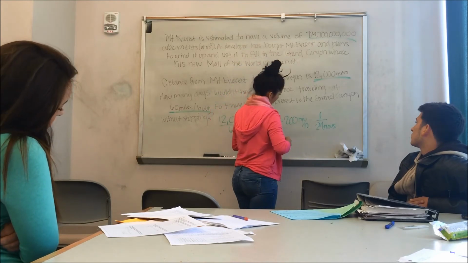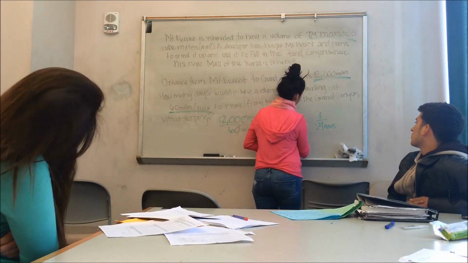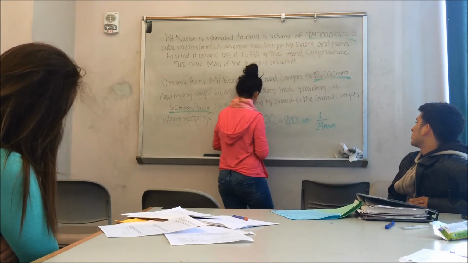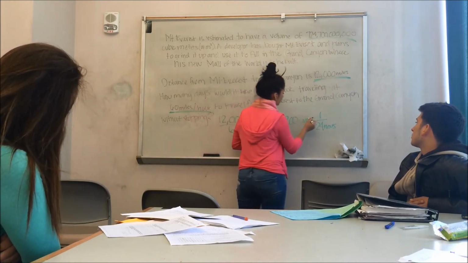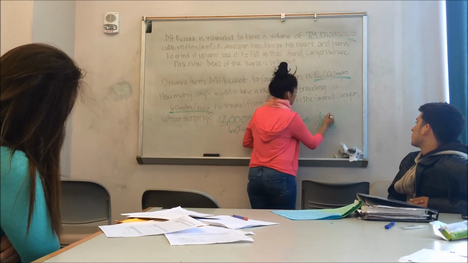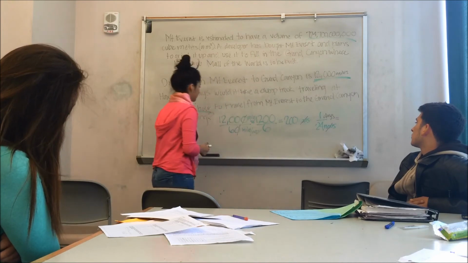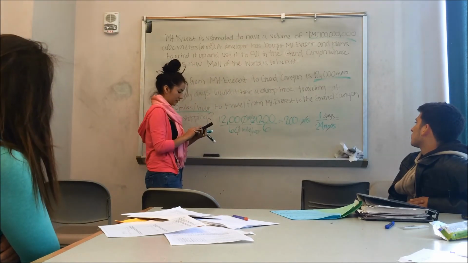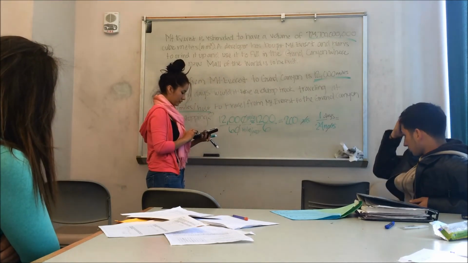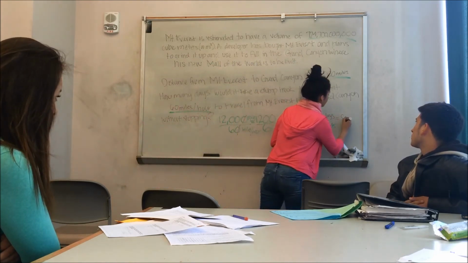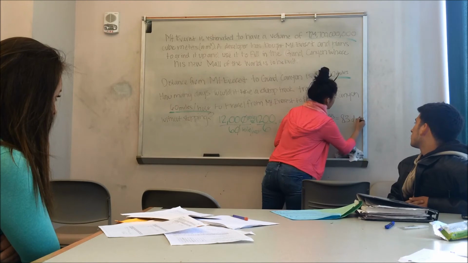So then what you would do, this would be in hours, so then that cancels out with this one, and it's left with days. So now what you would have to do is divide 200 by 24, which is equal to 8.3 days.